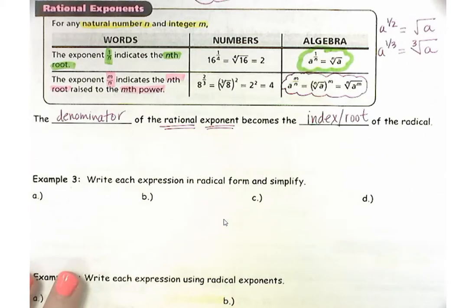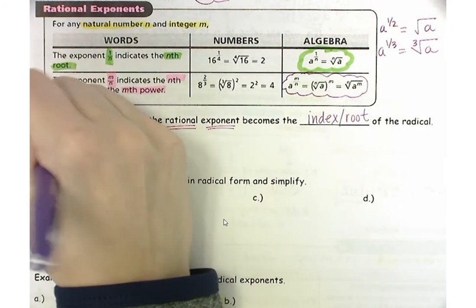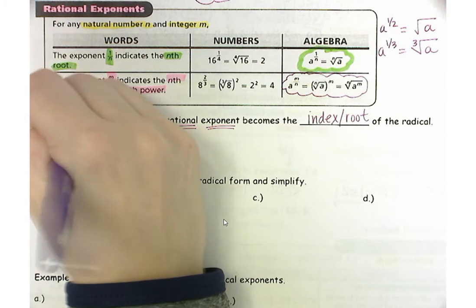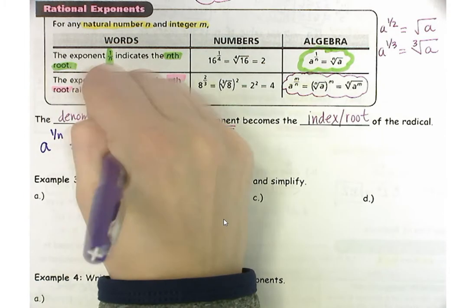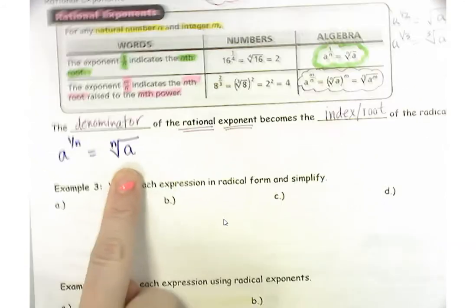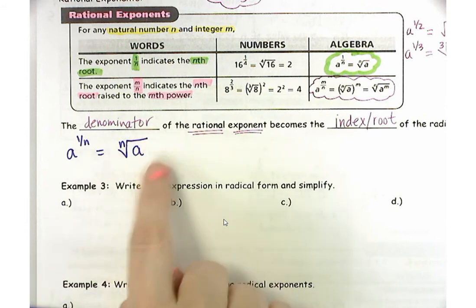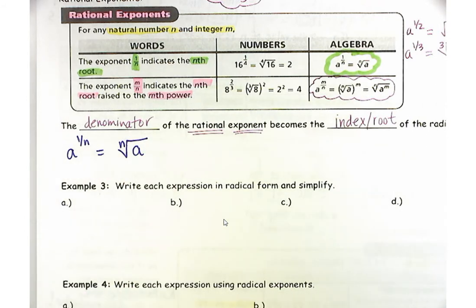and then you have a choice. So you can raise it all to the mth power like this, or you can do the nth root of a and raise a to the mth power inside the radical.